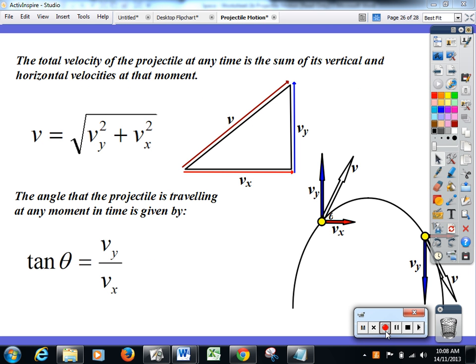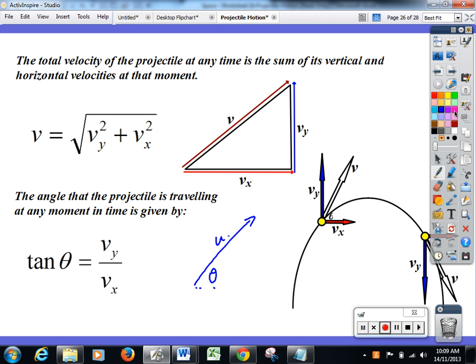Okay, I'd like to add one more concept to our projectile motion. This applies to all projectile motion. It doesn't just go for the horizontal motion, the horizontal projection that we're doing at the moment. This is the velocity at any time. Now, when we are first projecting an object, we project it at an angle, which is theta, at a velocity u.